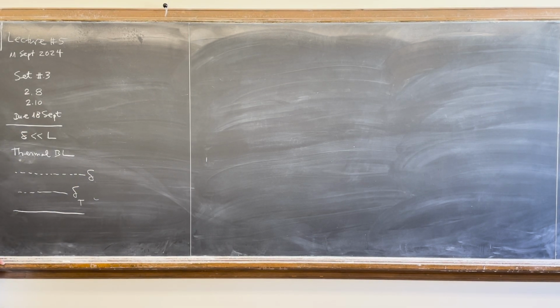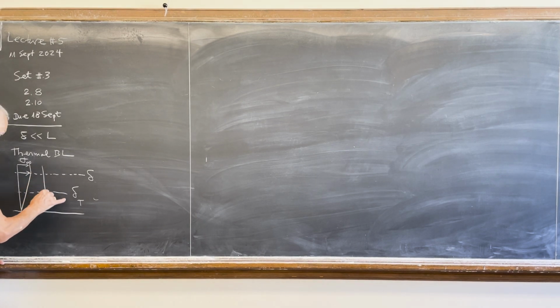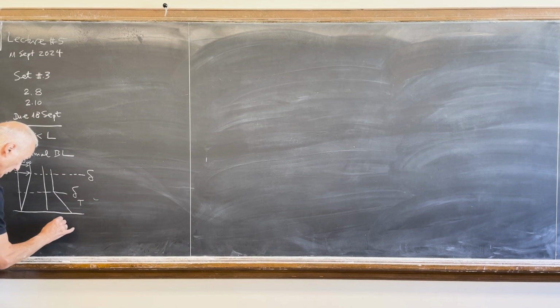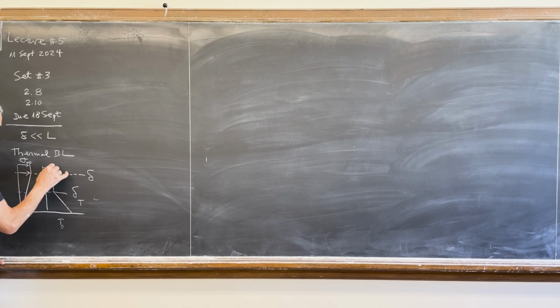And that means, in kind of the stick drawing of a kid from kindergarten, that if the velocity profile is this way, with u infinity at the very top, the temperature profile is this way, with T0 here and T infinity in the free stream.